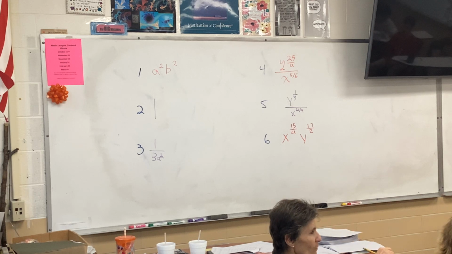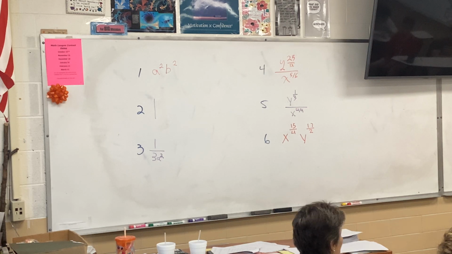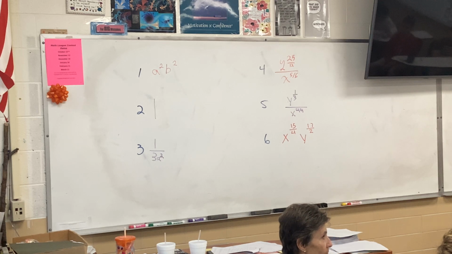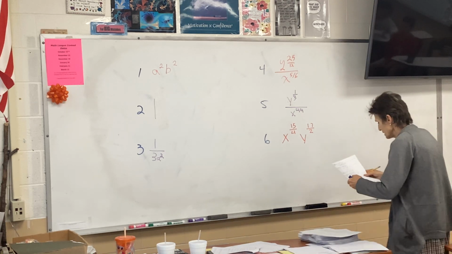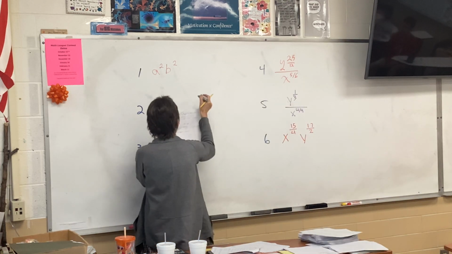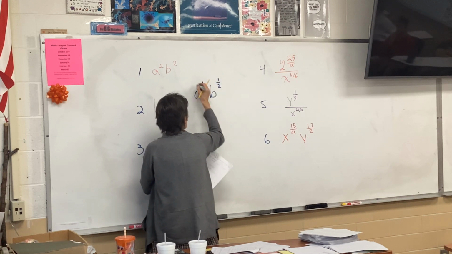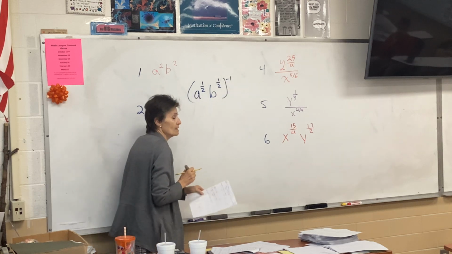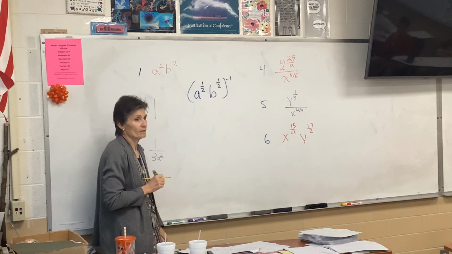I was specifically told though that I can't have negative exponents, so I better not have any negatives up there. Okay, does any answer bother you? Number 1 is wrong. Now, here's the deal, folks. When you have a to the 1/2, b to the 1/2, and you are raising that to the negative first power, what do you do with your exponents?